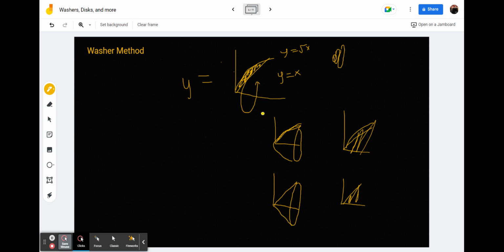After the calculations, we'll be left with the volume of this shape rotated around the x-axis. This is called the washer method. It's called a washer because, if you know nuts and bolts, a washer is a ring with a hollow center. In this case, we're taking the bigger, outer cylinder and subtracting away our inner cylinder, and we're left with just this ring.